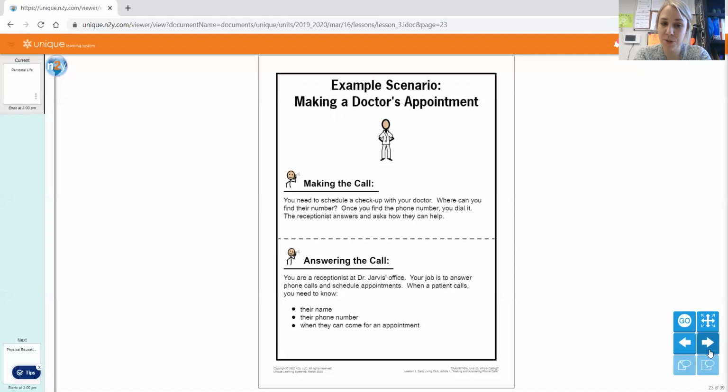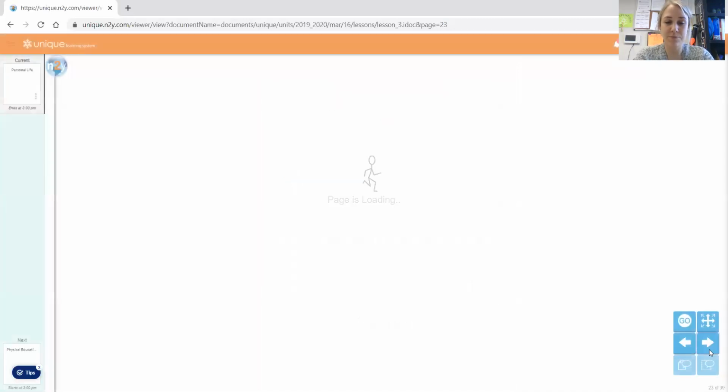Once you find the phone number, you dial it and the receptionist answers and asks how they can help. Now, if you're a receptionist at the doctor's office, your job would be to answer phone calls and schedule appointments. So when a patient calls, you would need to know their name, their phone number, and when they can come in for an appointment. Let's do one more.